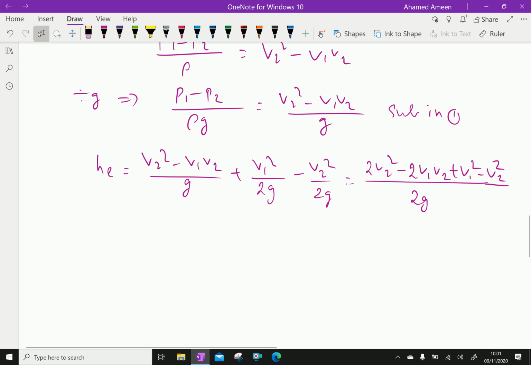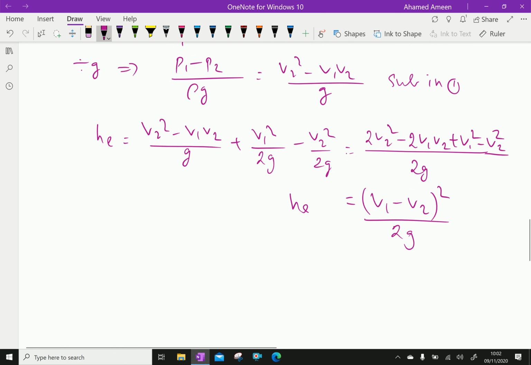Here 2V2 squared and one V2 squared cut, leaving V1 squared plus V2 squared minus 2V1 V2, which equals (V1 minus V2) whole squared by 2g, which is the head loss.